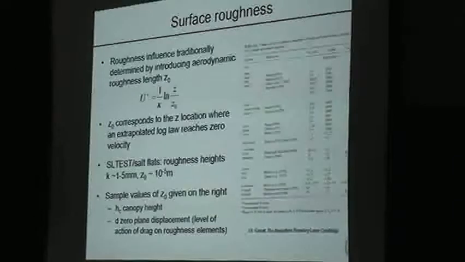The site that I'll show you, SL test, and I'll also tell you what that stands for, up on the salt flats in Utah in the US, has roughness heights, the average physical dimension of the roughness, of order 1 to 5 millimeters. That would correspond to a Z naught of about 10 to the minus 5 meters.